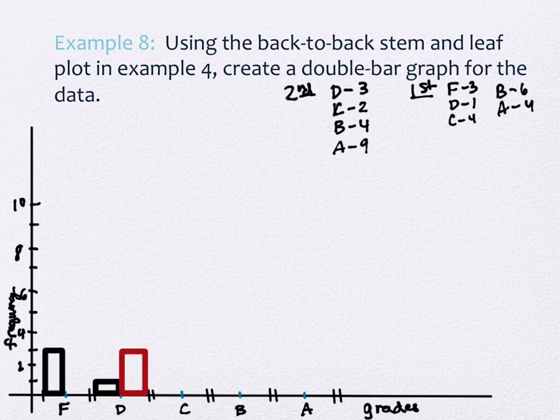How about C's for exam 1? 4 C's for exam 1? Okay. And how about for exam 2? 2. Okay. How about B's for exam 1? 6.